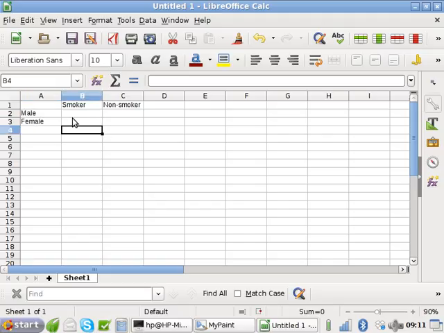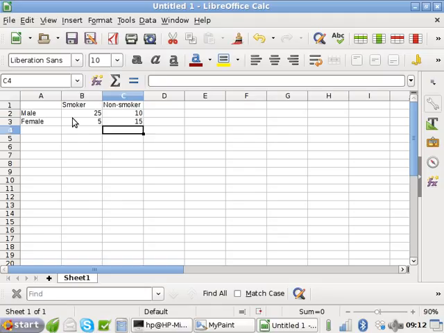So for example, in this group of people, maybe there are 25 males who smoke and 5 females who don't smoke, and then maybe there are 10 men who don't smoke, and maybe there are 15 women who don't smoke. So this is what I mean by a table.